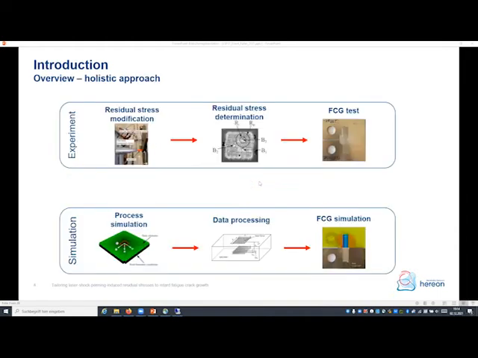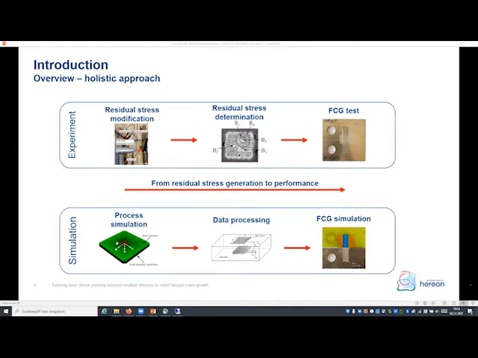So what do I mean by a holistic approach? At first, I think it's important to have the residual stress generation and the fatigue crack growth prediction in one simulation chain, because we need to know the overall residual stress field. So I want to combine the stress generation, and based on this, stepwise, I want to calculate the fatigue crack growth. I do not want to split it into fatigue crack growth prediction and residual stress prediction.